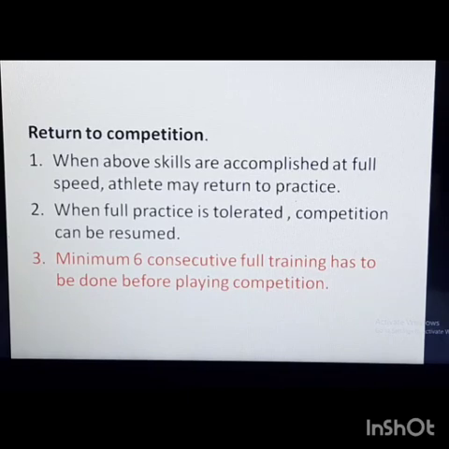One research says that a minimum of 6 consecutive training sessions in football is required before playing a match. That means after the rehabilitation your player is undergoing a minimum of 6 continuous training sessions, and he shouldn't have any complaint with the ankle. He's performing 100%, full complete training sessions. Then only he can play the match, or else he won't.